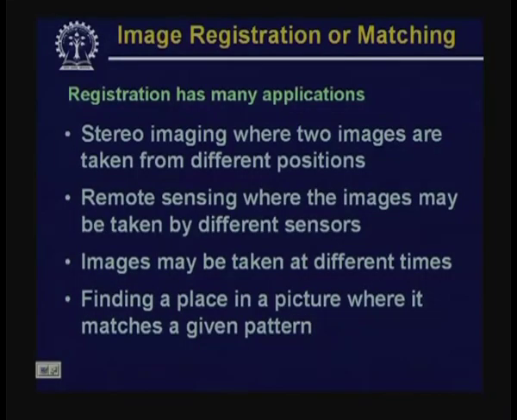So, in stereo imaging, we have to find this point correspondence, or point registration, which is also called point matching. The other application we have just mentioned is remote sensing, where the images may be taken by different sensors working in different bands, and the sensors may even be located in different locations. The images of the same scene are taken by different sensors in different bands and at different geometrical locations.